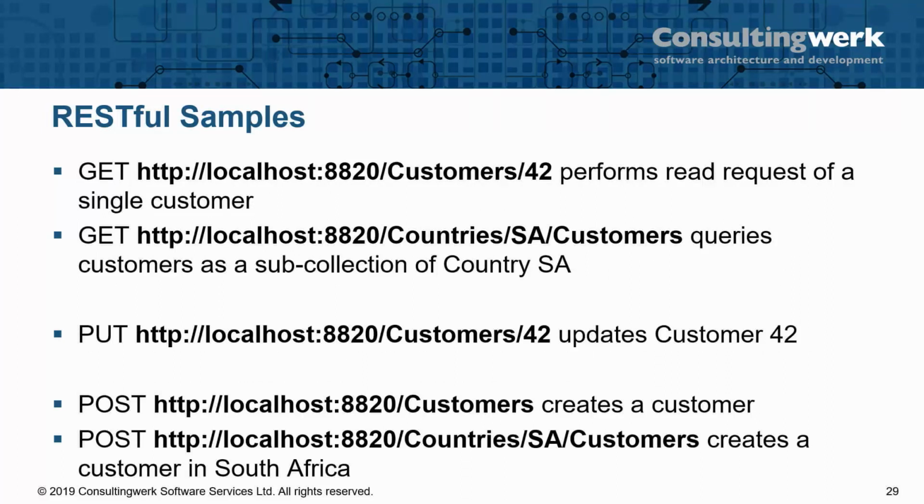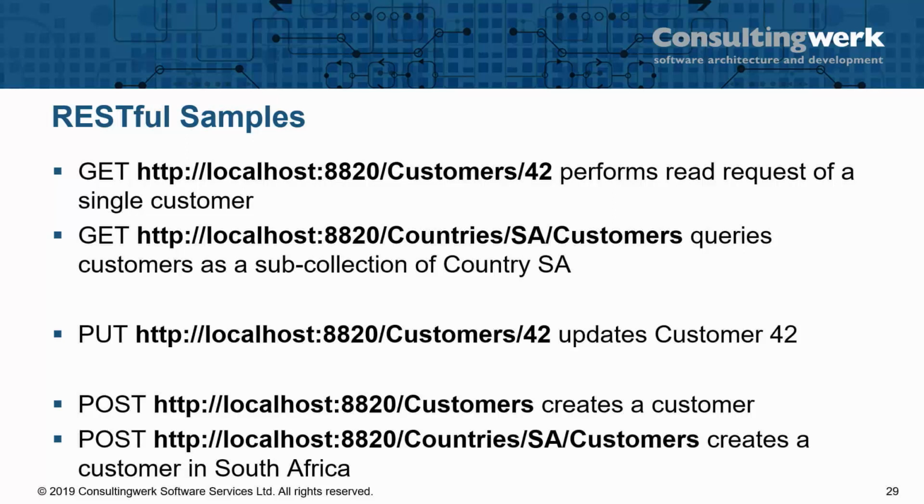How it looks like, the client might be requesting data by the address of the server, the name of the collection. The names of the collections are typically plural nouns, and if it's a single customer, it would be providing the unique key of that customer. If it's not adding a key of a customer, like in the second line, then it would be requesting a list of customers.